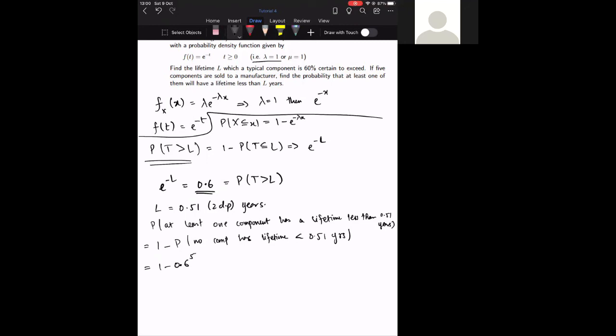Why is it 0.6? Because we calculated above the probability that T exceeds 0.51 for one component to be 0.6. This is just assuming all components are independent. So then we have this probability, which is equal to 0.92. So the probability that at least one component has a lifetime less than L, which is 0.51 years, comes out to be 0.92.